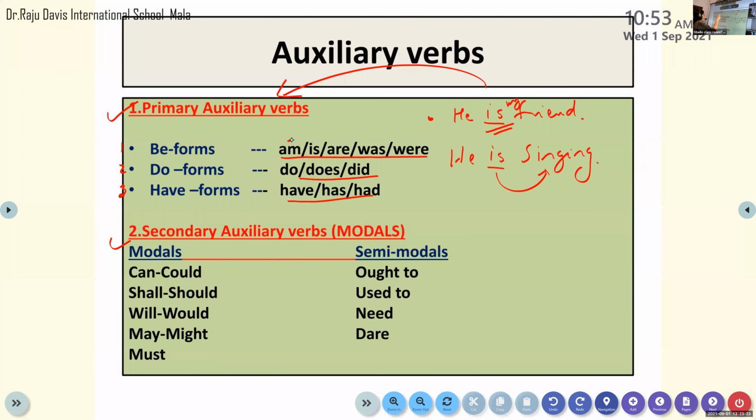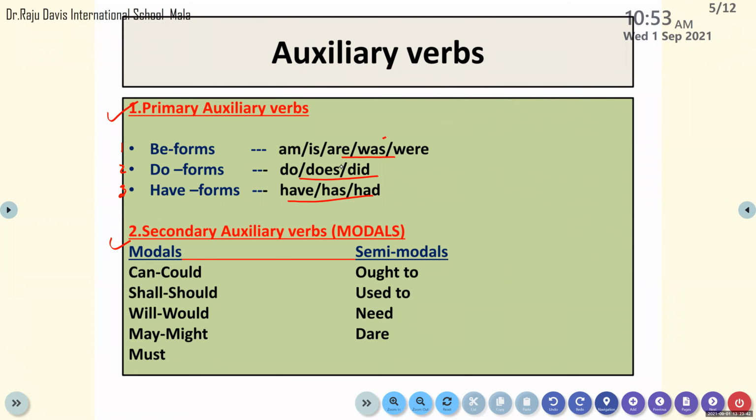All these verbs: am, is, are, was, were. I am your friend. Here am shows the exact time of action; it is in the form of a main verb. So am can also be used as an auxiliary verb: I am dancing, right? Such verbs come under the primary auxiliary verbs. Am I clear, children? Yes, ma'am. That is why these come under the primary auxiliary verb.